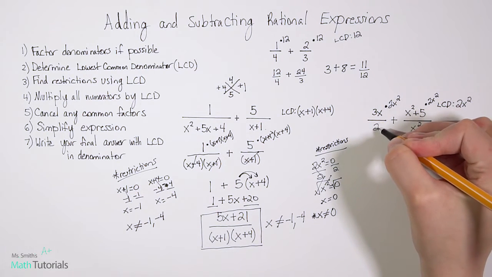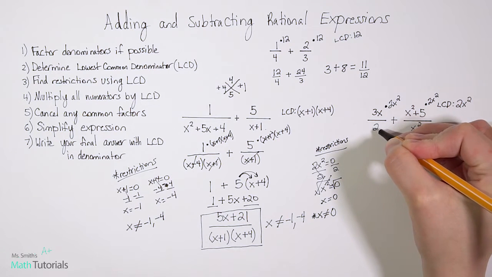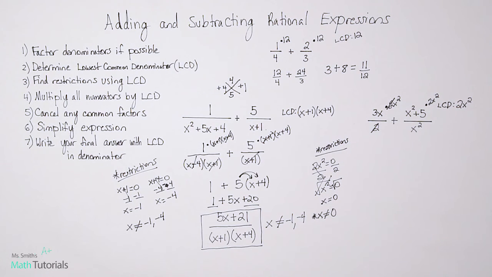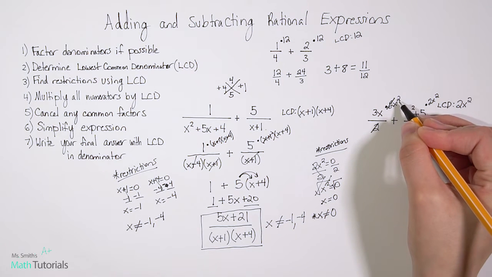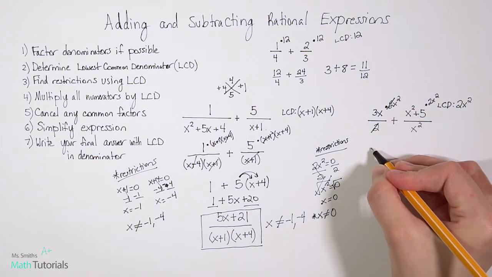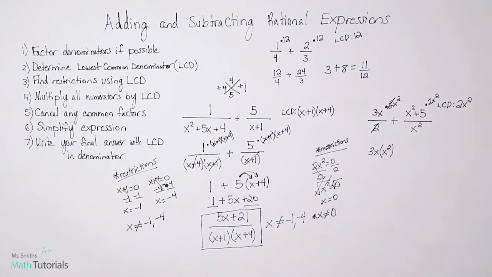Notice how we have a 2 here in our LCD that we're multiplying, and we have a 2 down here, so we can actually cancel out those 2's. All we're left with on this side is a 3x times an x squared. So we're just going to note that down here. A 3x times an x squared.